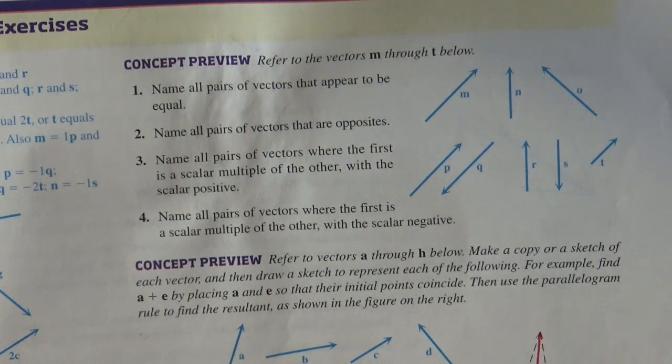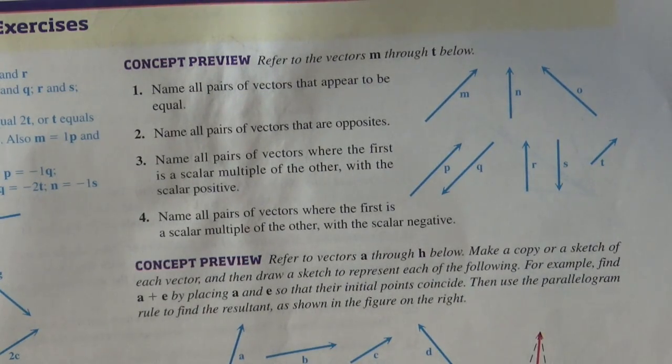If the scalar happens to be negative, then it would change the direction, but we're not going to worry about that right now. So multiplying by a positive scalar is just going to make it shorter or longer.